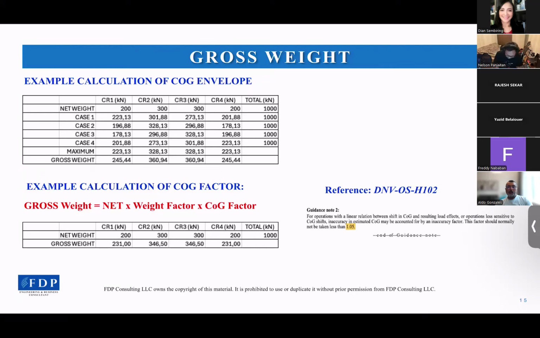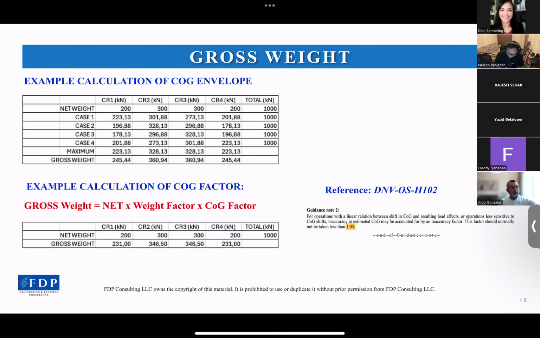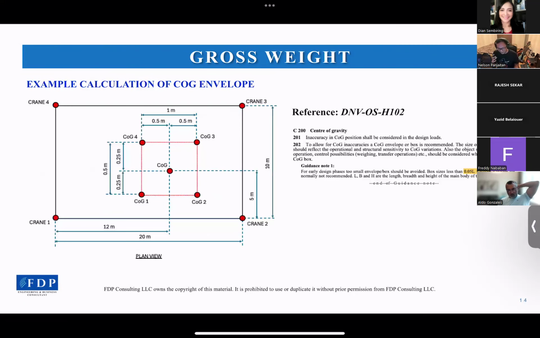So we have the net weight case and case one. This net weight is the crane reaction calculated based on the original COG. So by using the COG envelope, we now have 5 cases that should be investigated. First is the original COG, which is at the middle of the envelope.